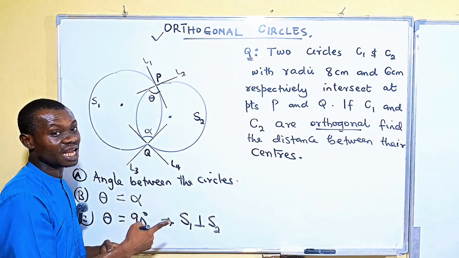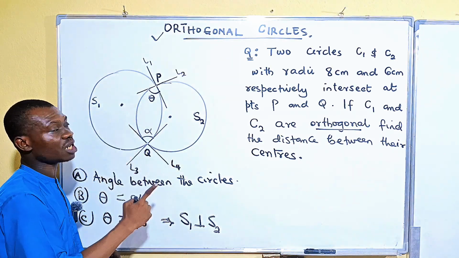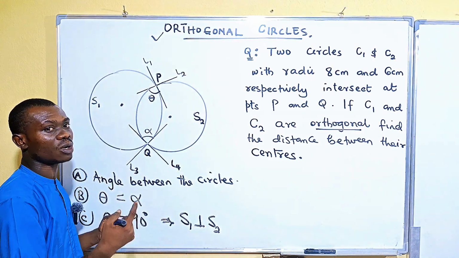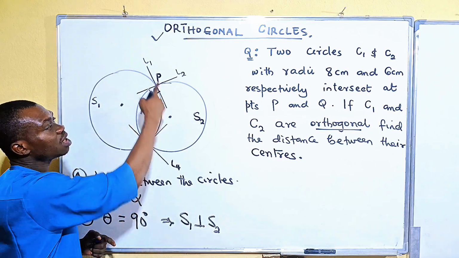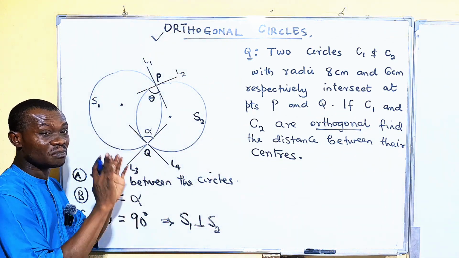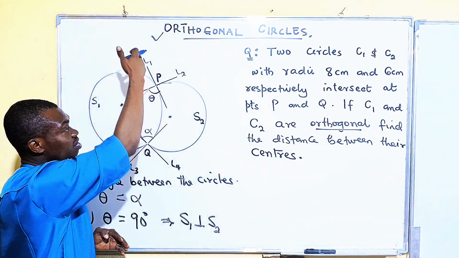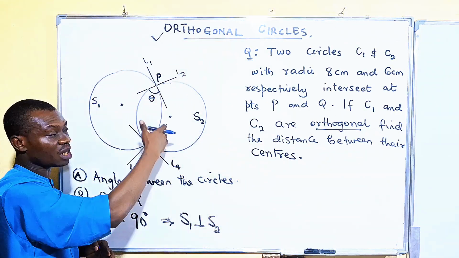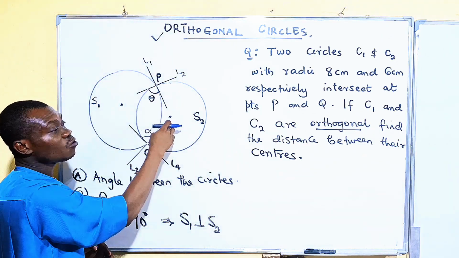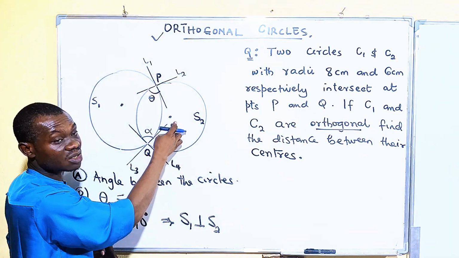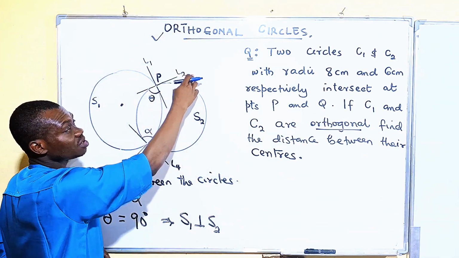Remember that this is a freehand sketch, but if it is done geometrically using maybe a protractor and a compass, you will definitely get this concept perfect. Once you get a tangent and the other tangent is perpendicular, that means they are orthogonal. The tangent to one circle will come to the center of the second circle.